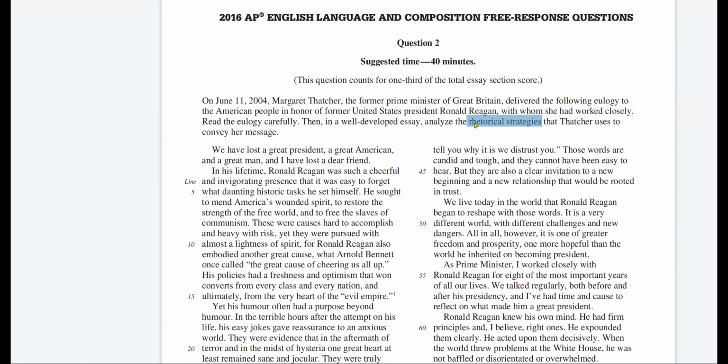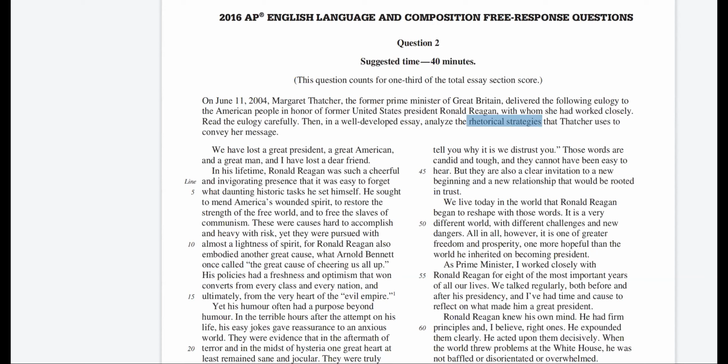Whatever strategies we identify must help Thatcher convey her message. If a strategy is not helping, we don't talk about it, because it's not helping. Whatever strategies we identify must serve the purpose of helping the author make her main point. That makes sense? That's our question 2. We'll save that for when we come to question 2.